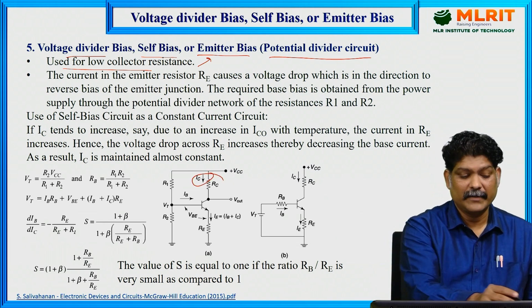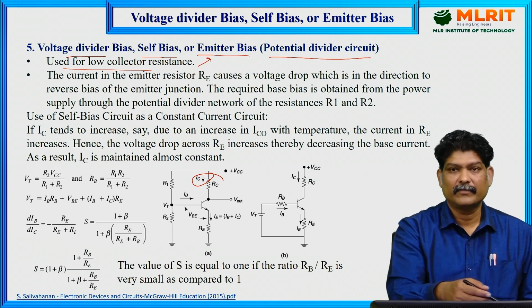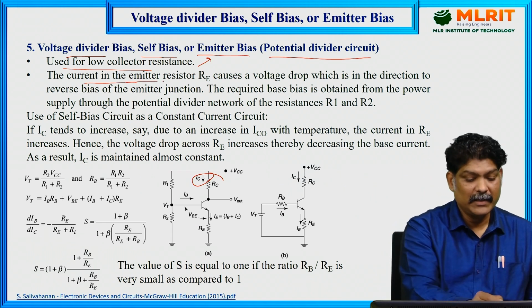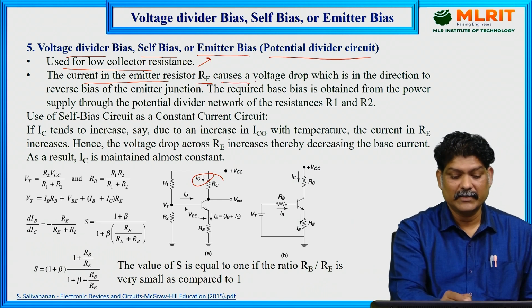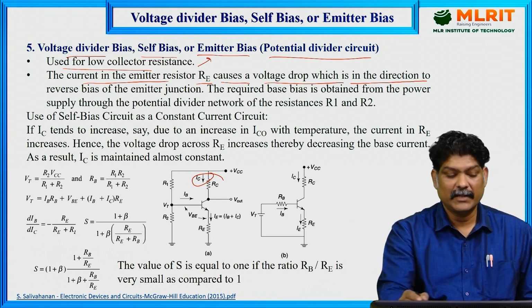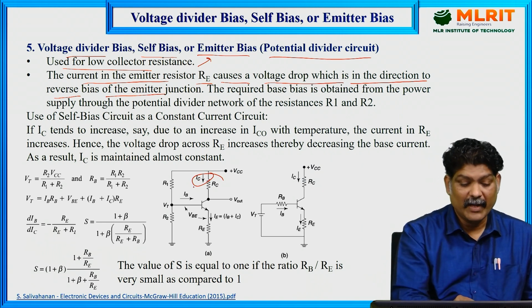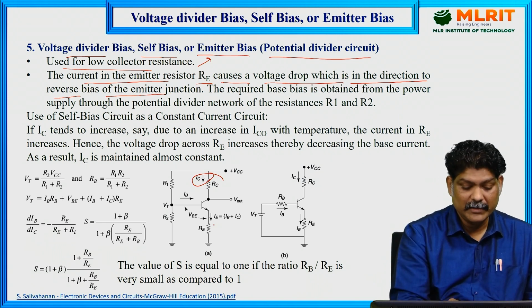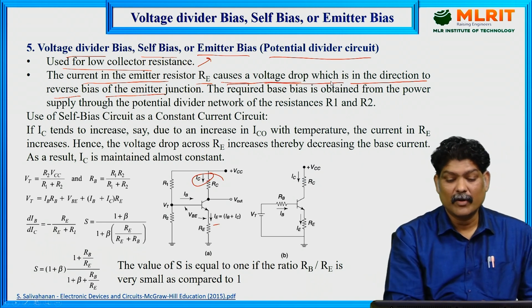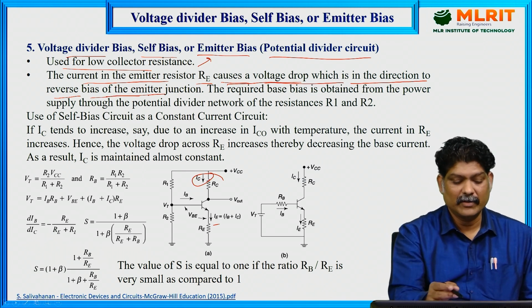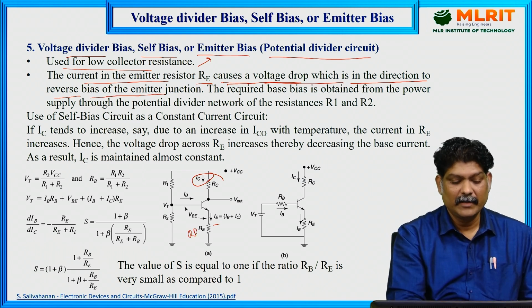Here the current in the emitter resistor RE causes a voltage drop which is in the direction to reverse bias the emitter junction. So because of this, the emitter junction will be reverse biased.